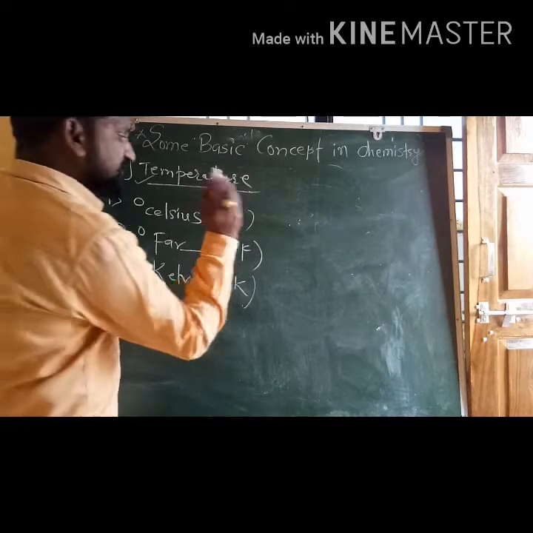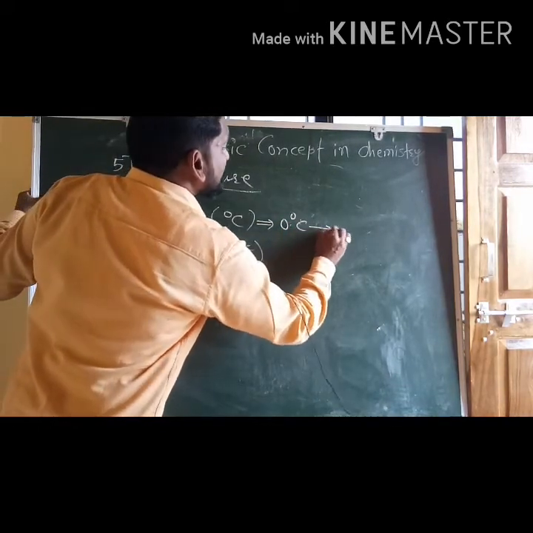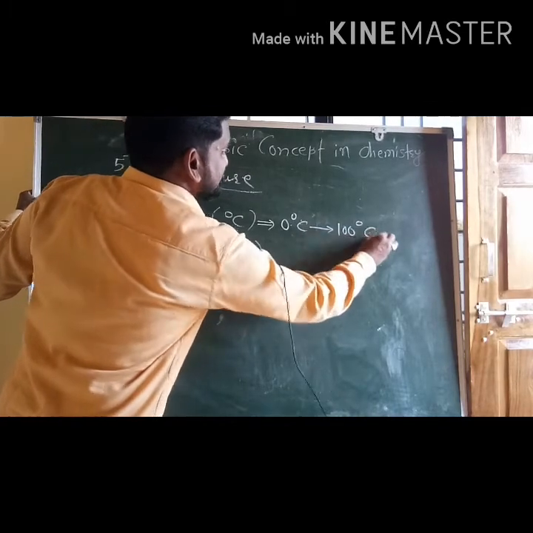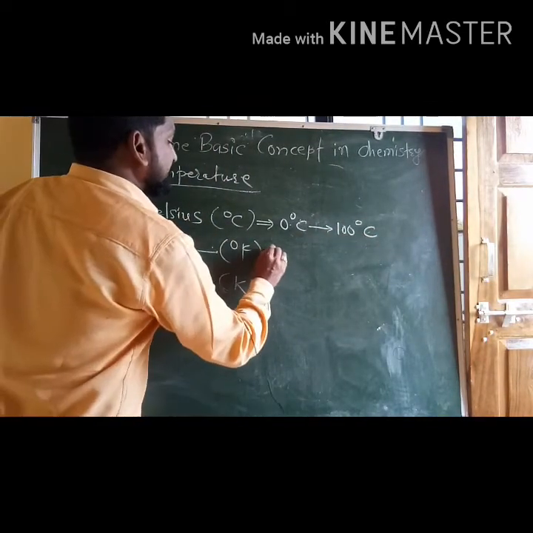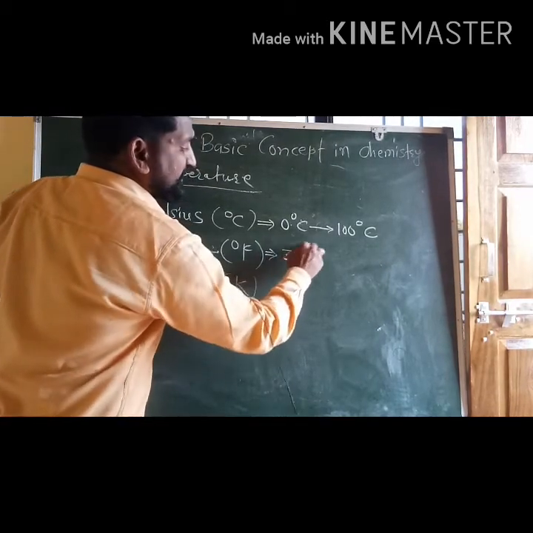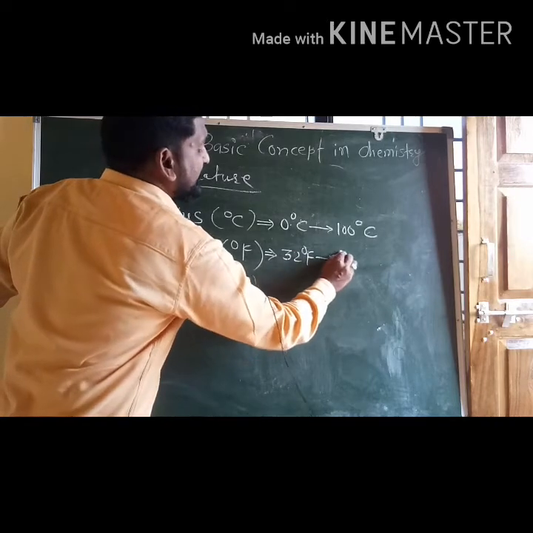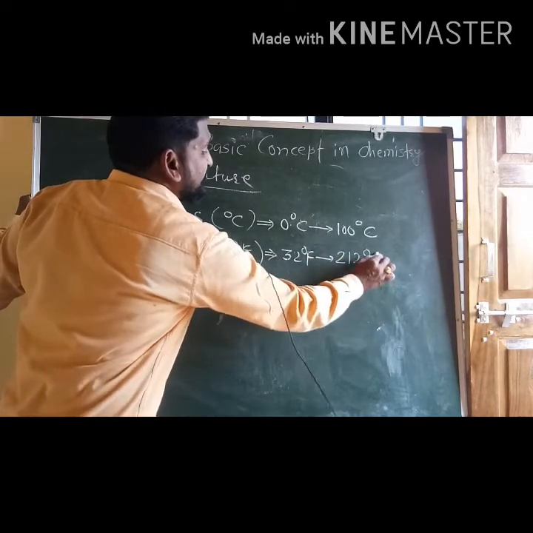Degree Celsius is generally calculated from 0 degree Celsius to 100 degree Celsius. Here we can calculate it from 32 degree Fahrenheit to near about 212 degree Fahrenheit.